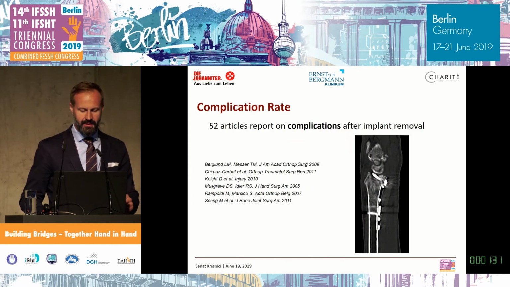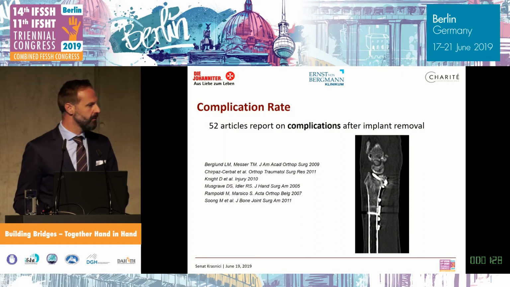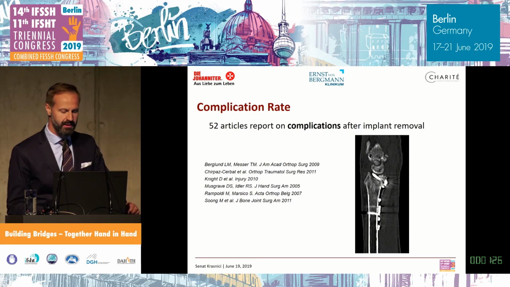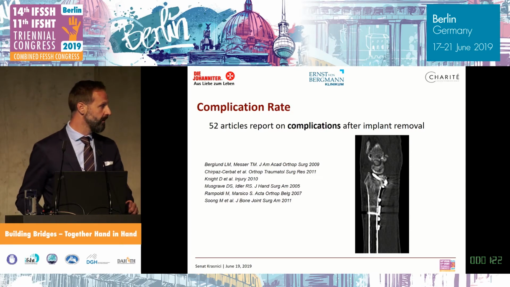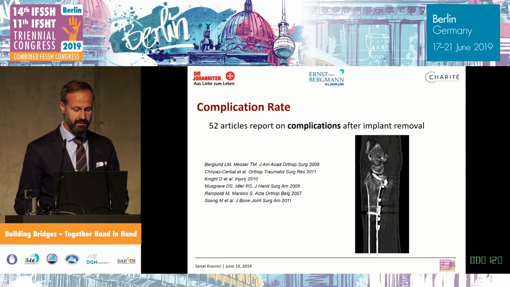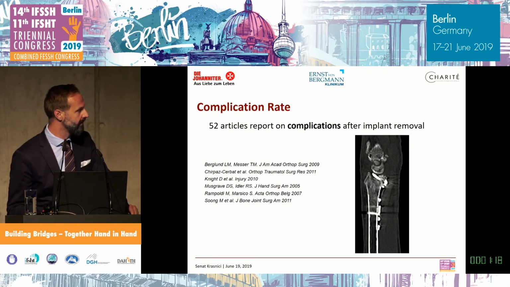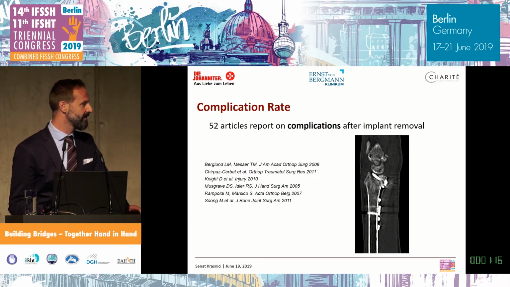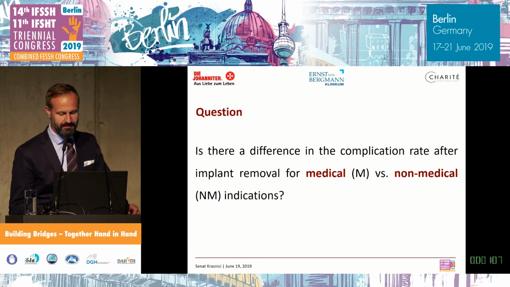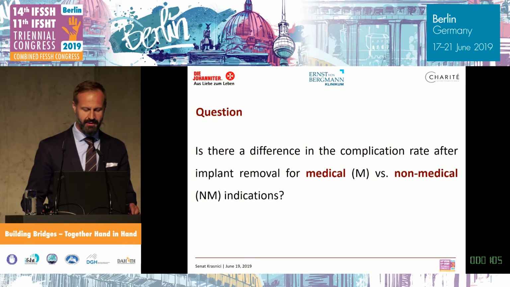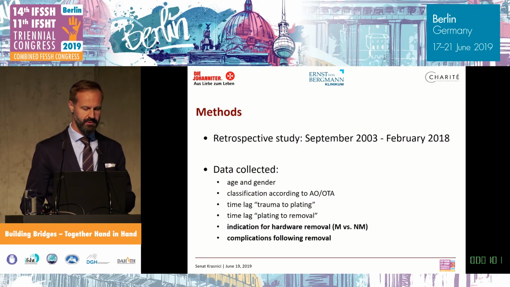So is there a way to see if the removal itself is a safe procedure or not? If we regard the complications, we cannot tell whether the procedure itself is safe if the complications that we measure are related to something totally different. So we asked ourselves, is there a difference in the complication rate after implant removal for medical or non-medical indications?